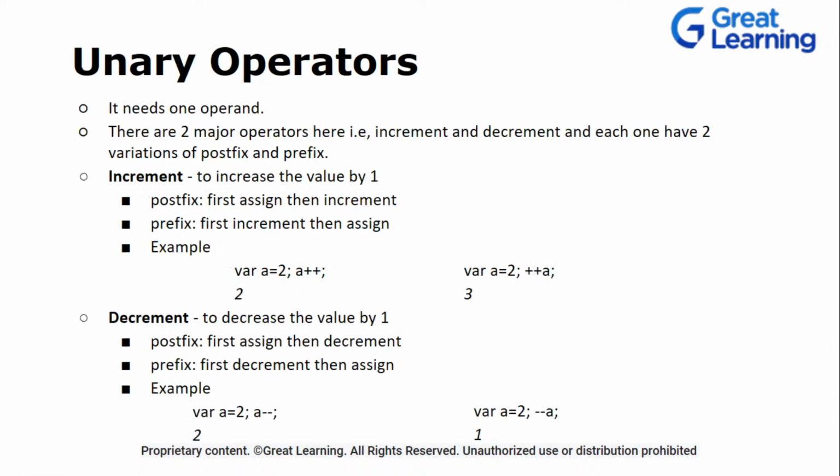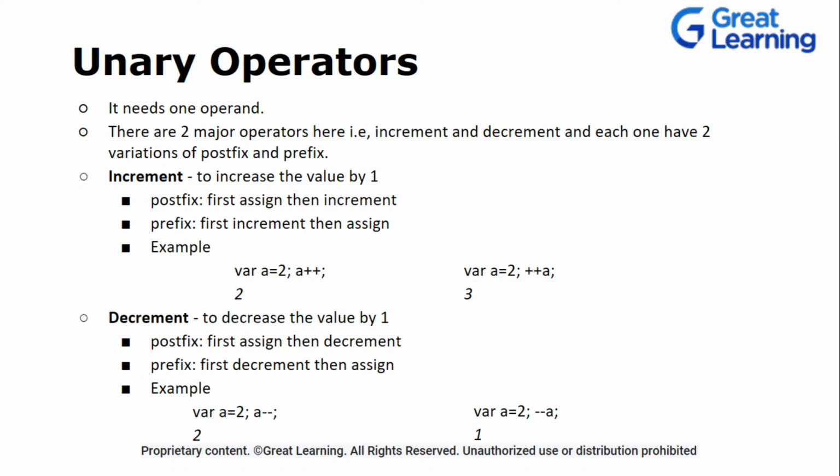So now operators. All the programming languages have these operators, right? There are two major operators when you talk about unary operators. We have increment, we have decrement. Now, we have something that is known as postfix or post increment, or prefix, that is pre increment.